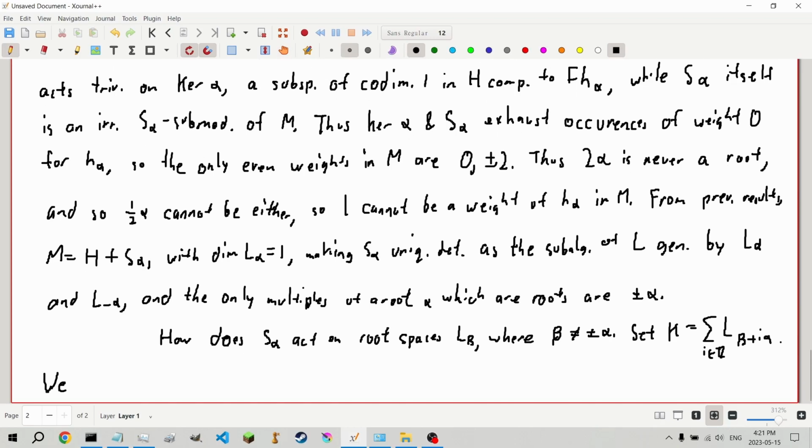We have seen each root space is one-dimensional and no beta plus I alpha can be 0.